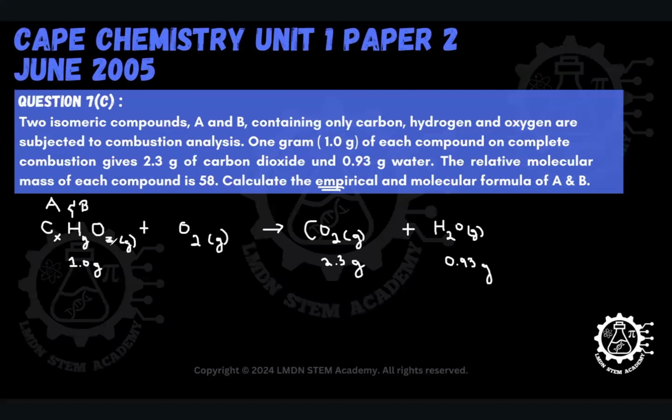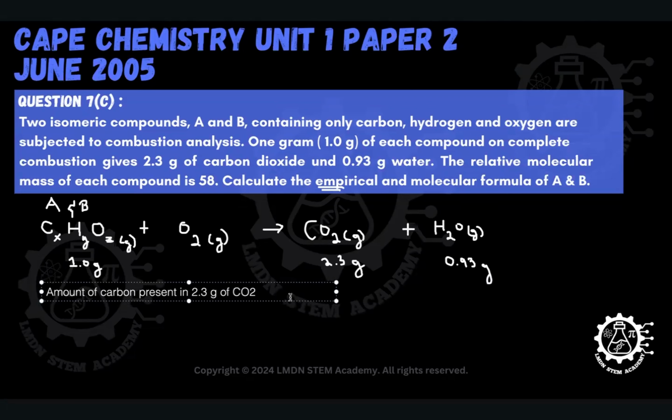Okay, so ultimately what we're trying to find, right, is the amount of carbon present in the 2.3 grams of carbon dioxide. From an empirical formula standpoint, that's what we're seeking, right?